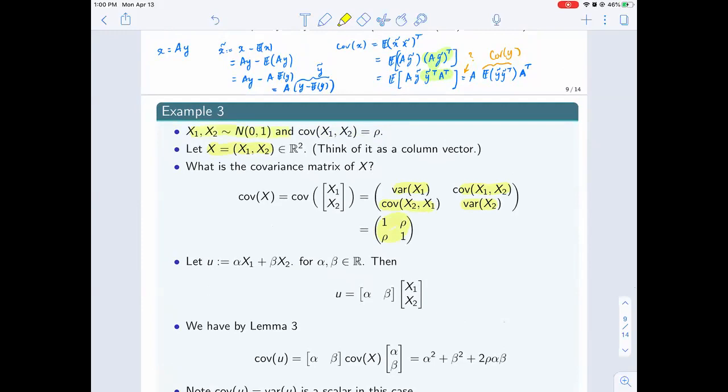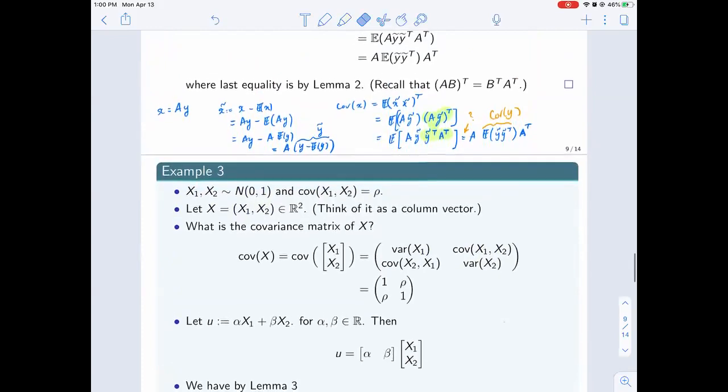So given this information here, the variances are 1 and the covariance is rho. So now the question is, I have U is alpha x1 plus beta x2.